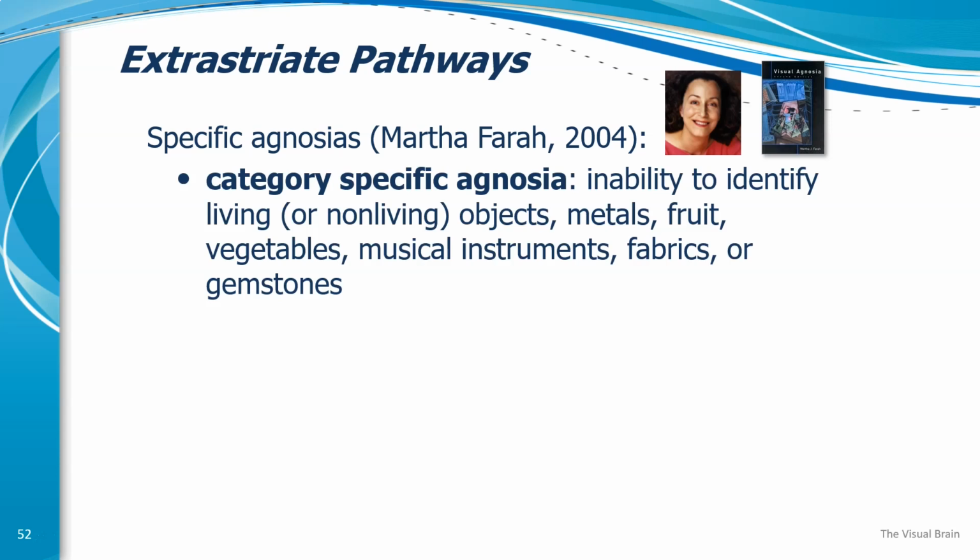There's one called category-specific agnosia, in which people, based on visual stimuli, cannot identify living objects, or perhaps the opposite, non-living objects, or metals, or fruit, or vegetables, or all kinds of very, very specific things. All of these are based on individual case studies.